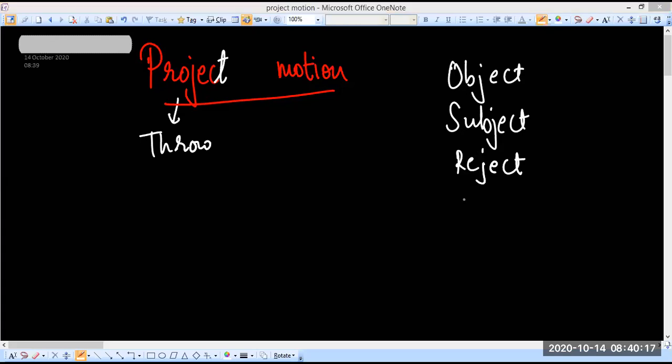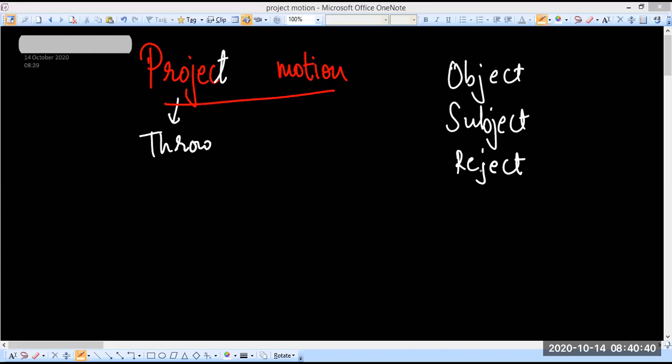Object, subject, reject, all these words are actually coming from the same origin, right?